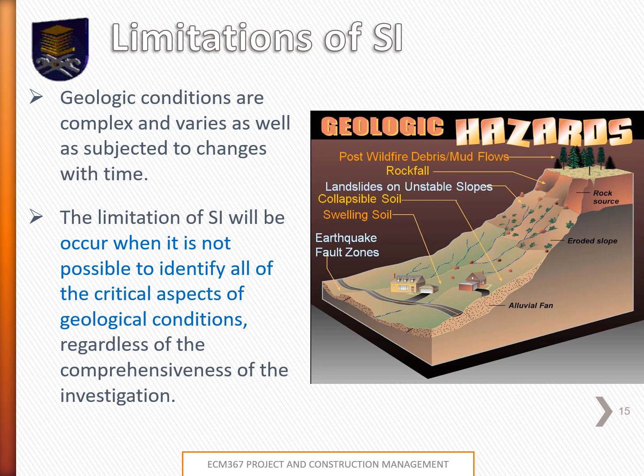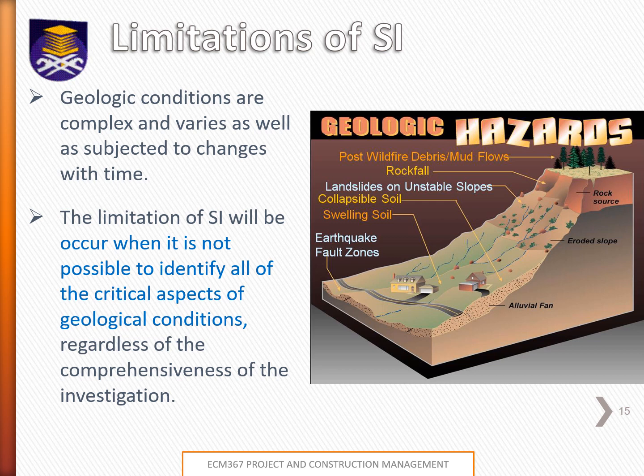We know that every site has its own nature and characteristics. It is unique. So the site investigation needs to be designed according to the nature of the construction site. Geological conditions are complex and vary, as well as being subject to changes with time.